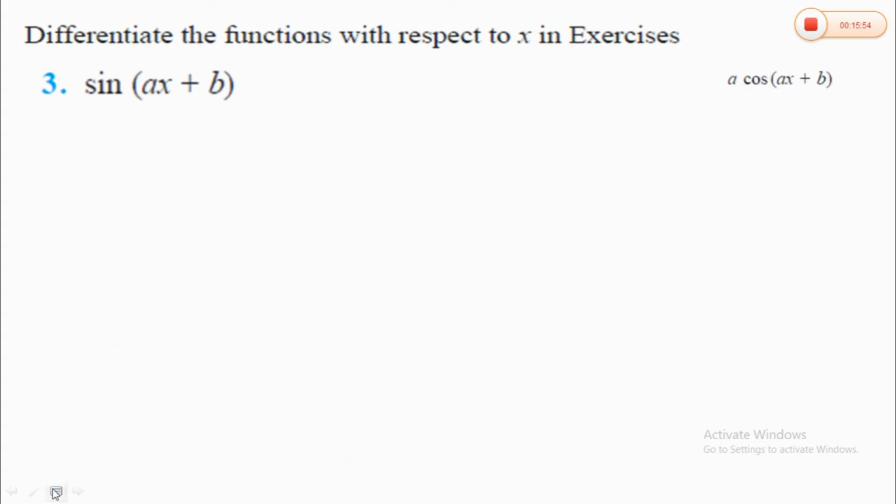Now consider this problem. Differentiate sine of ax plus b. First write y equal to sine of ax plus b. It is of the form y equal to sine of f(x).